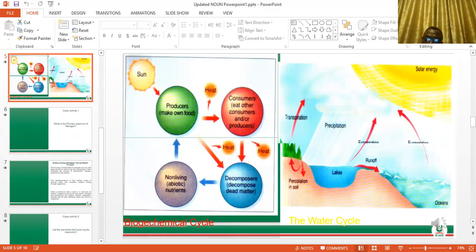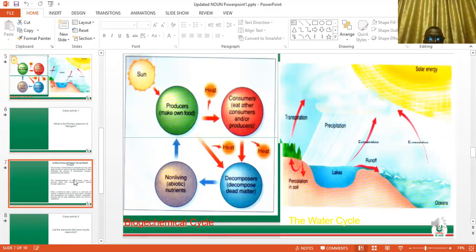The other one on the right hand side was the water cycle. How water is formed in the atmosphere through evaporation and transpiration. Transpiration is through plants. Evaporation can be seen on the surface of water bodies. And we have run-offs, and so on and so forth. So that was a simple chart to show a simple water cycle.